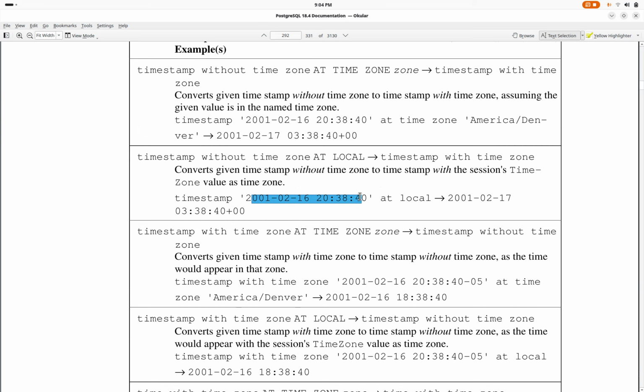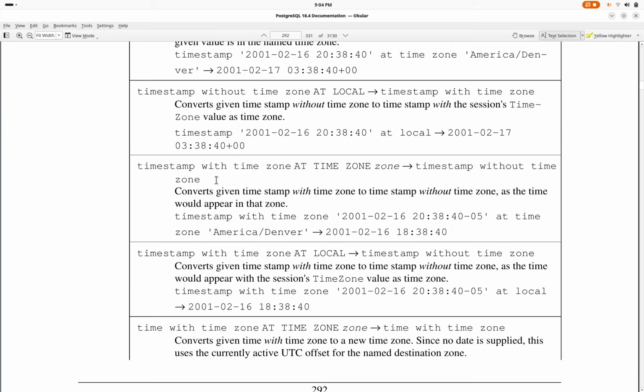So this timestamp will be converted to this. If you see, this is 17, and this was 8. So 9 hours of movement. Then we have timestamp with time zone AT TIME ZONE.